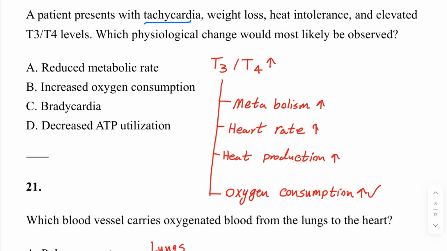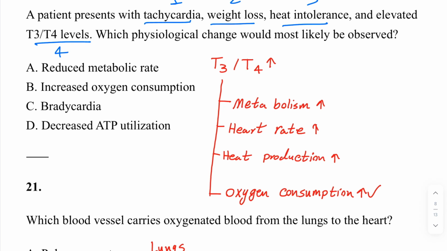Tachycardia, weight loss, heat intolerance, and elevated thyroid hormones strongly suggest hyperthyroidism. Thyroid hormones increase the metabolic activity of nearly every tissue in the body.